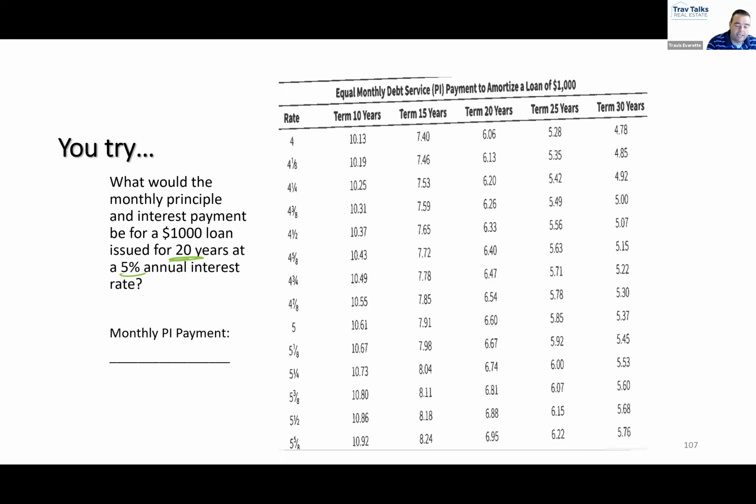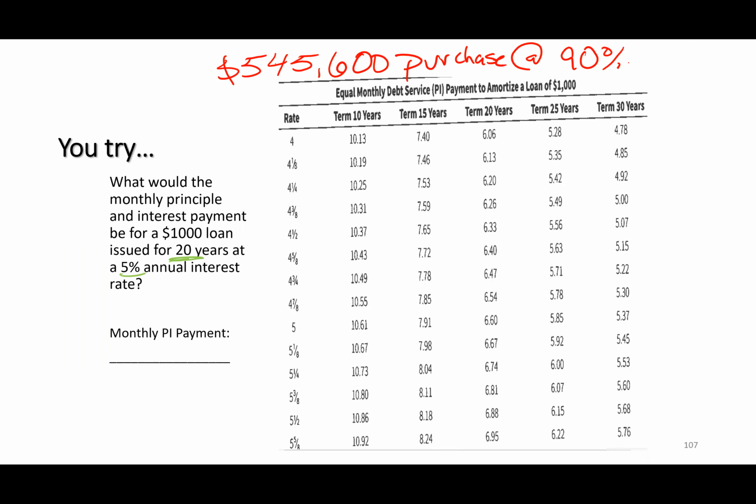But let's say we're doing a $545,600 purchase at 90% LTV. So a $545,600 purchase at 90% loan to value for 20 years at 5% interest, and I want to know the payment. That's about as complex as it can possibly be.